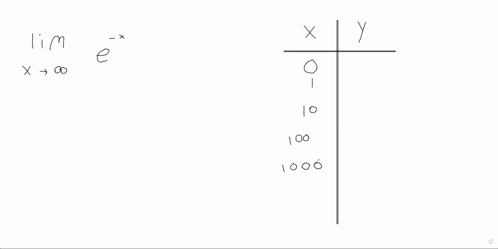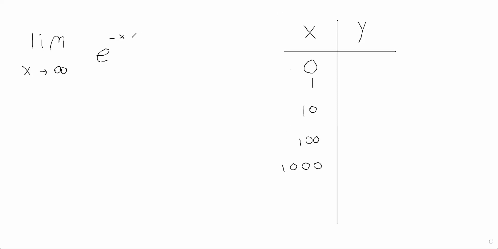This is 1,000. So we might have enough information right now to evaluate this limit. Let's find out. What we're going to do in the analytic method of evaluating a limit is plug in all of these values for x and see what kind of behavior y shows as x gets larger and larger.